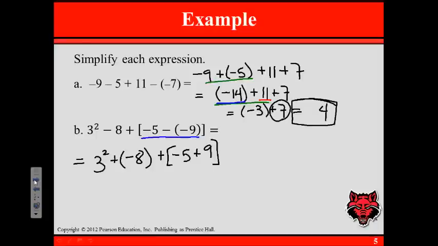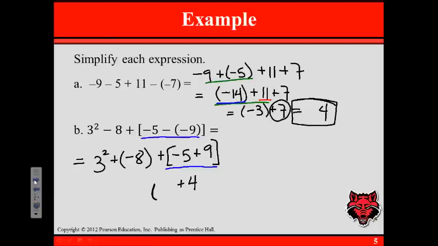Now that we've changed all of our subtraction to addition, let's start going through the order of operations. So we start with the grouping symbols. And inside the grouping symbols, we have -5 plus 9. The signs are different, so we subtract the absolute values, and that will give us 4. The larger absolute value came from a positive number, so it will remain a +4.